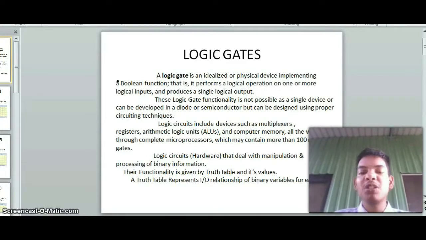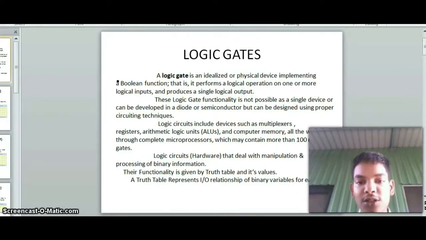It is not merely possible as a single device, but it can be developed using proper circuiting techniques. The use of these logic circuits has a very important role in multiplexers, which take 2 to the power n inputs to give n outputs, registers, which help us store intermediate outputs, and arithmetic logic circuits, which help us do arithmetic calculations, and also in computer memory.